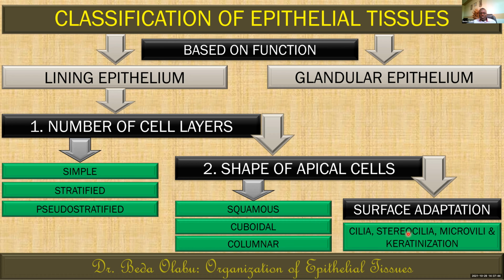Whether it has microvilli, whether it has stereocilia, or whether it's keratinized, we comment on that. Let me say that not all the time we have to look at epithelium based on that third parameter. Most of the time we look at lining epithelium based on the first and the second parameter. But there are a few occasions when we'll have to look at epithelium based on the third parameter.